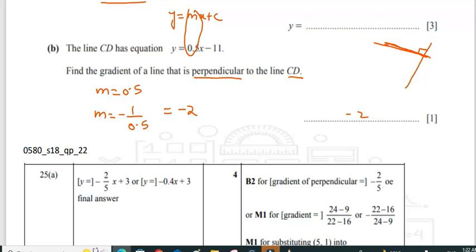If 2 lines are perpendicular to each other, their slopes are negative reciprocals of each other. So the first slope is m is equal to 0.5. The negative reciprocal is minus 1 upon 0.5. When you solve with the calculator, the final answer is minus 2.